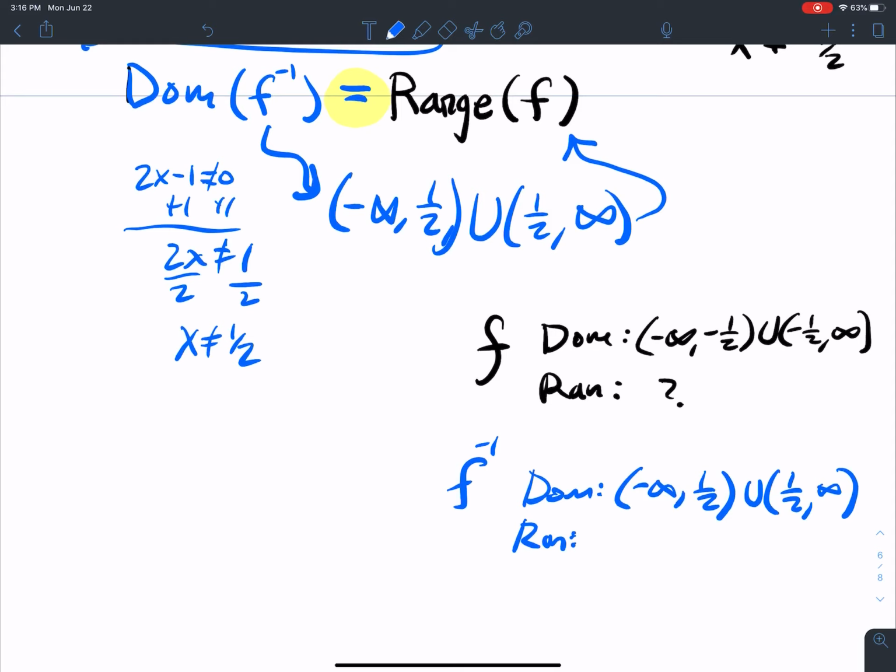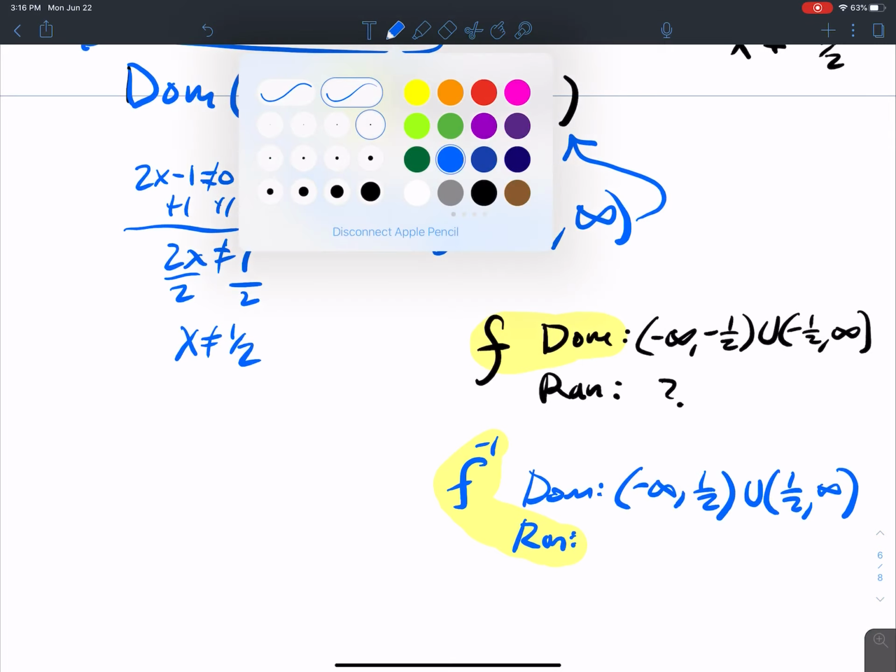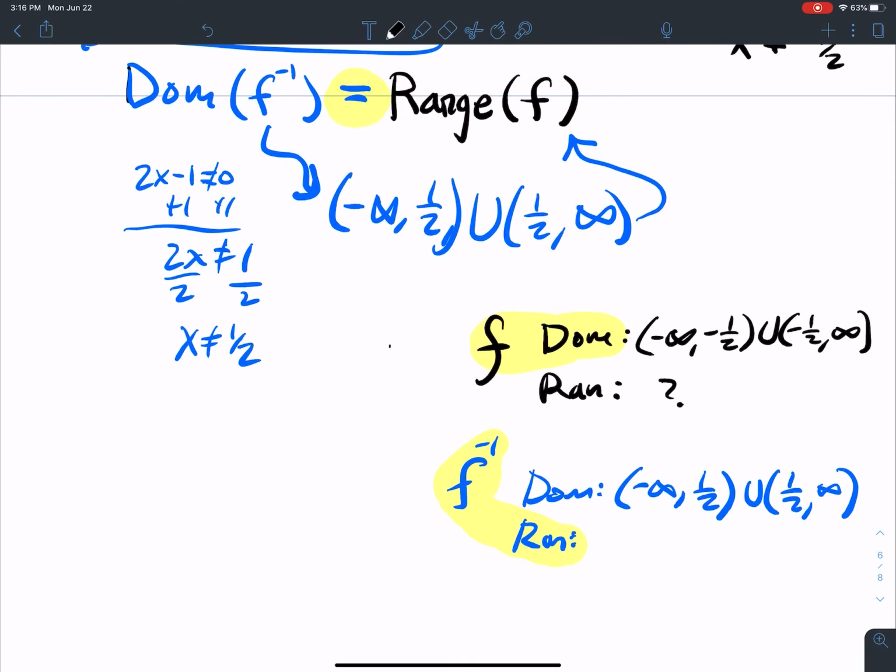Now, the relationship between the domain of the original and the range of the inverse: when you do the inverse, you swap x and y. So what does that mean? The domain, the x's, become your y's. So this becomes negative infinity to negative 1/2, union negative 1/2 to infinity.